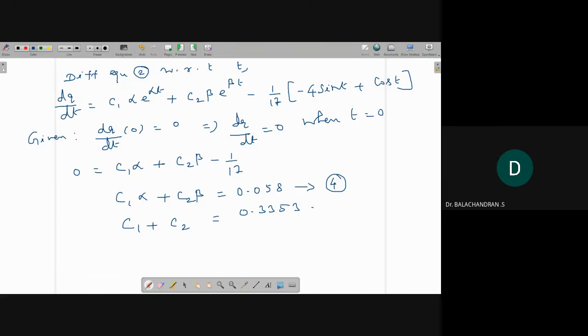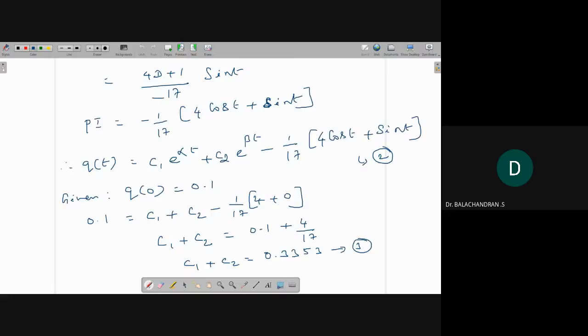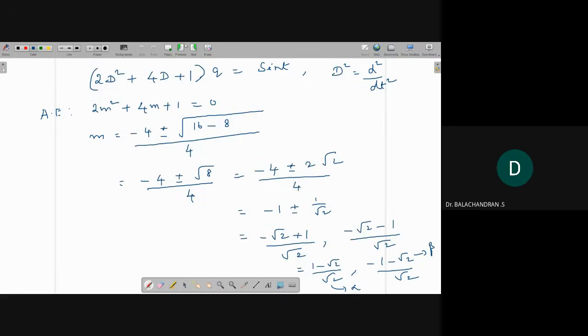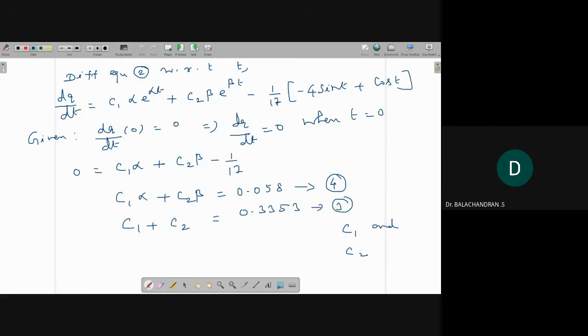So this is equation 3. You should solve these two equations and find the value of C1 and C2. Alpha and beta values you know. This is alpha equal to 1 minus root 2 divided by root 2, and beta is minus 1 minus root 2 by 2. So please post in the group.